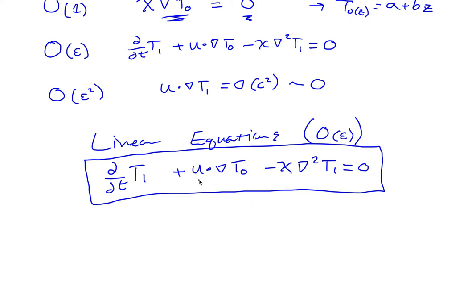If u was some prescribed flow, then this would be a non-linear term. It's not linear in our variables. So if u is a prescribed flow, then we'd have a slightly different system.